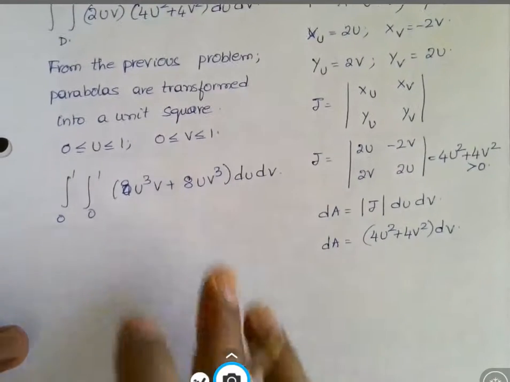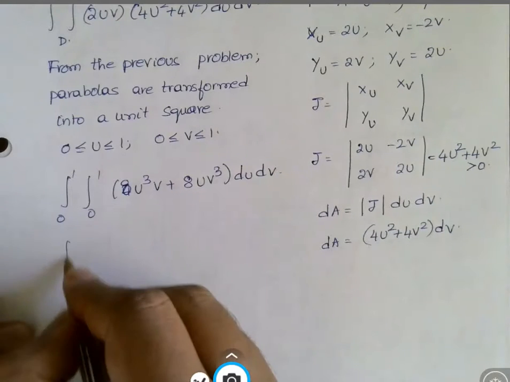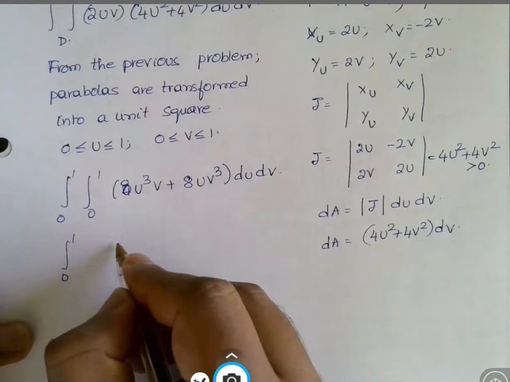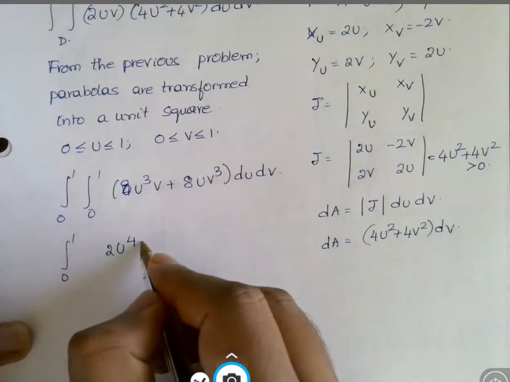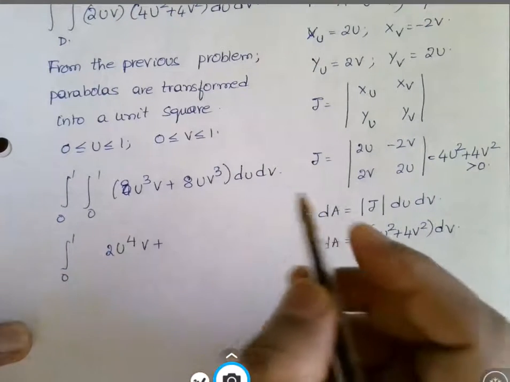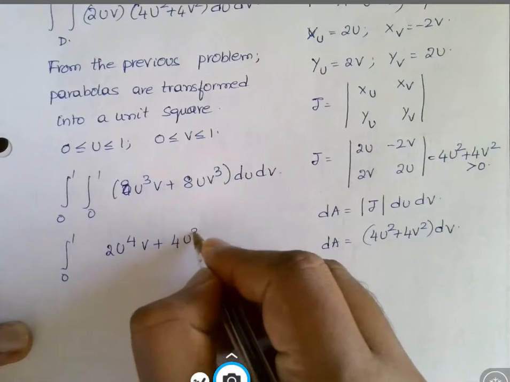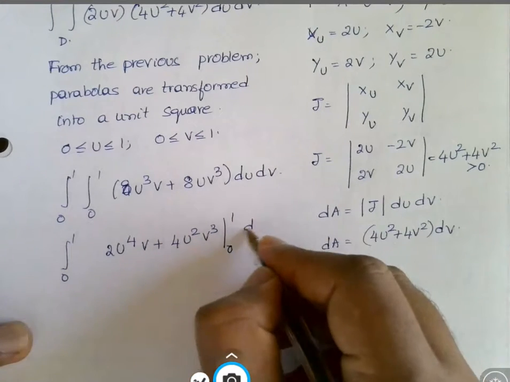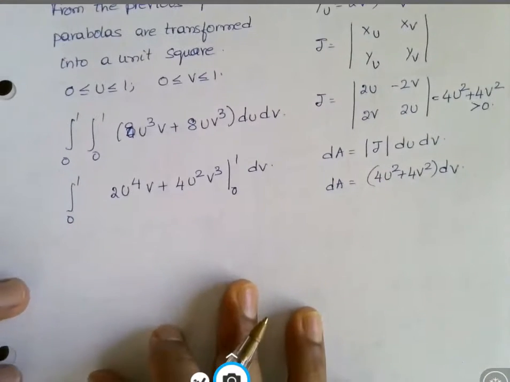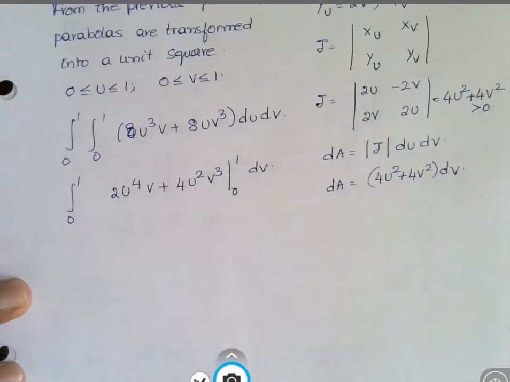Let's integrate with respect to u first. When you integrate with respect to u, you get 2u to the 4 v plus 4u squared v cubed, where the limits of integration are 0 to 1, dv.